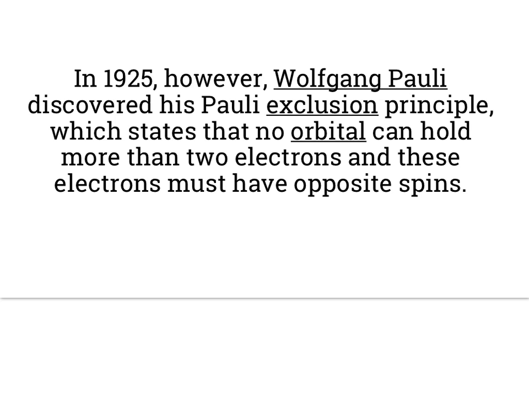That's fine. However, we're only going to have two electrons in every orbital, and if there are two in there, they have to be spinning in opposite directions. Because if they're spinning in the same way, they're going to repulse each other, and you're just not going to have two. So every orbital can have two, and those two have to be spinning in opposite directions.